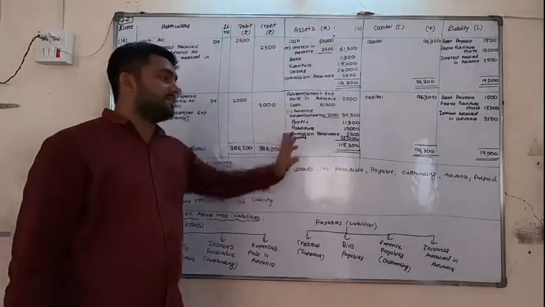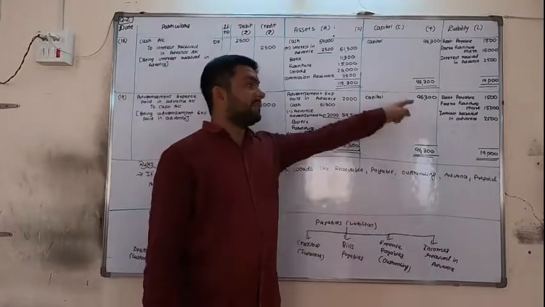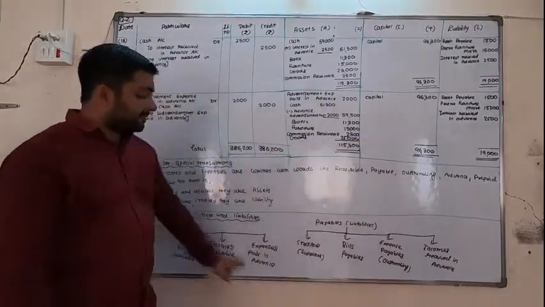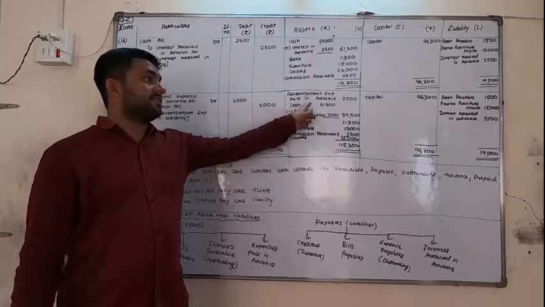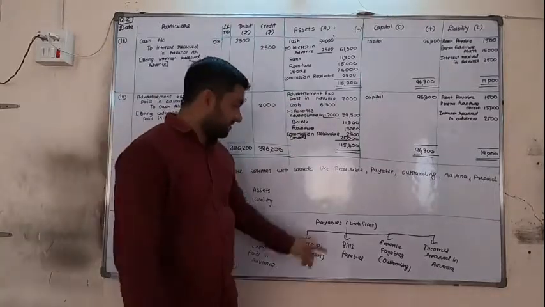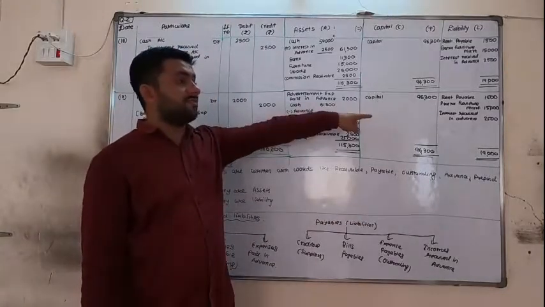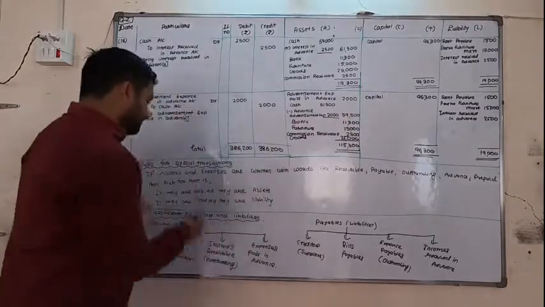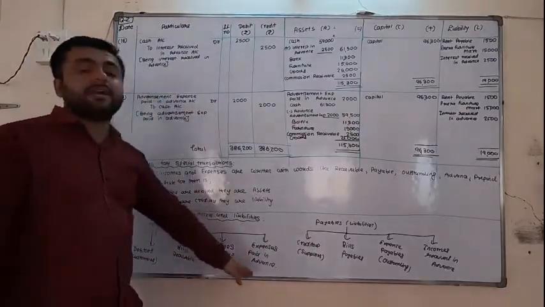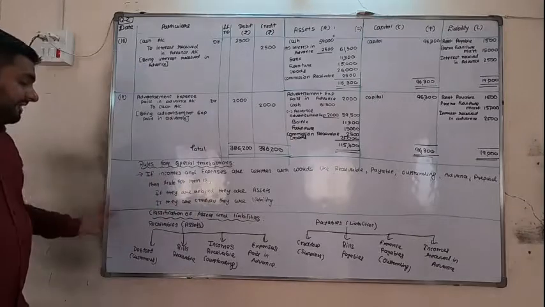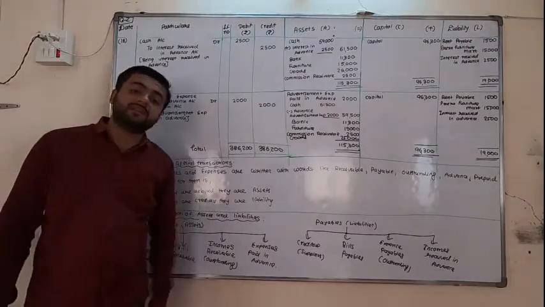Incomes receivable, see, commission is receivable. Expense payable, see, rent payable. Then expense paid in advance, see, advertisement expense paid in advance. And incomes received in advance, see, interest received in advance. This rule also can be applied, and you can remember from chapter 1 also what are our assets and what are our liabilities.